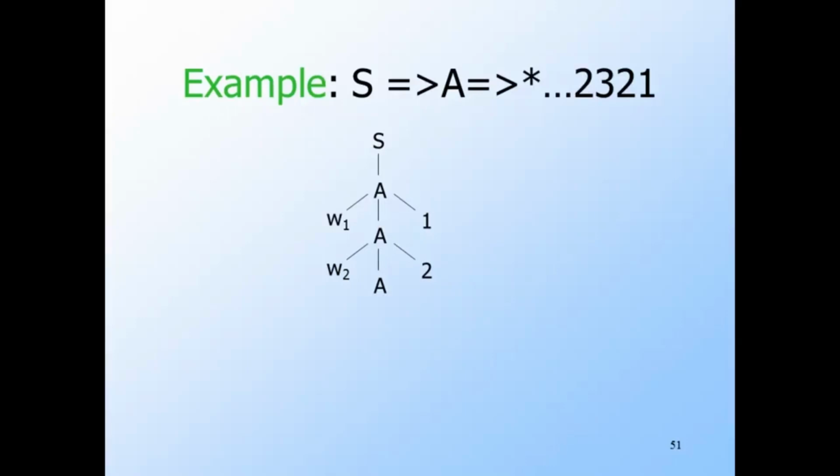Again, we still need to keep that A there because we have more index symbols to go. Then the third from the left index symbol is 3, so this is the production we have to use. And then the last index symbol is 2, that is the leftmost index symbol is 2. So we're going to get rid of that A and use this production. That's the only way we could generate a string with 2, 3, 2, 1 at the end and no other index symbols.